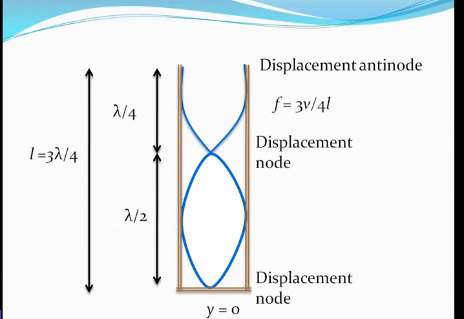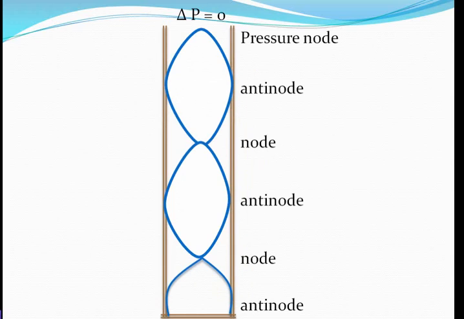What will be the next possible waveform that can be generated in case of a pressure wave? This one. As you can see, we've just created another node. So this is a pressure node. We always knew that because this is atmospheric pressure, so delta P is 0. This is a pressure antinode because this is a displacement node.